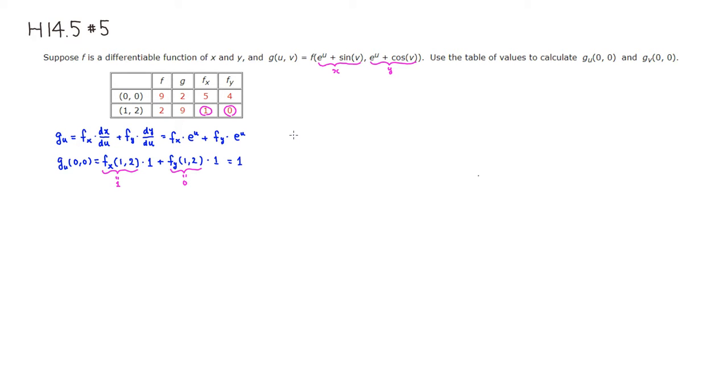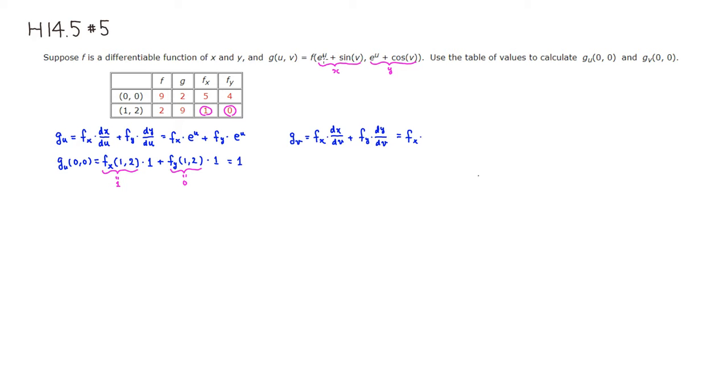It's basically the same thing. If you want to find the partial of g with respect to v, we want to find f sub x times dx over dv plus f sub y times dy over dv. So f sub x times, now we are taking the derivative of x with respect to v.